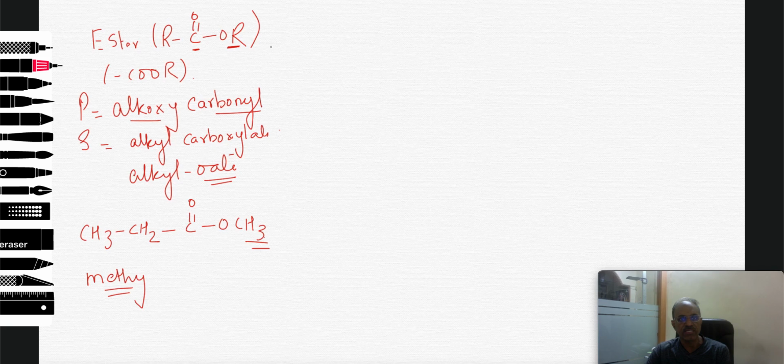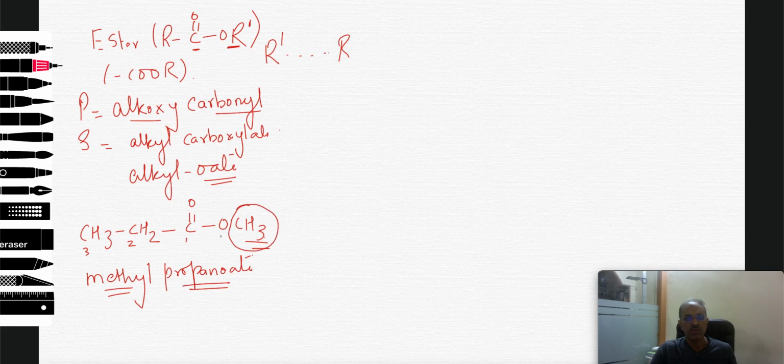Suppose this is R dash, so it will start with R dash and then R will come here. So methyl, 1, 2, 3, propane: methyl propanoate. Oate means because it's an ester. Methyl, because here methyl is substituted. So whatever is OR, this part is written first.